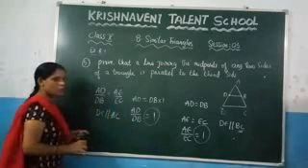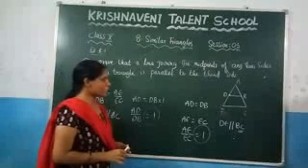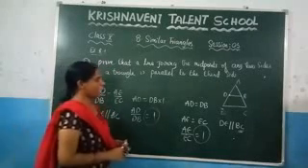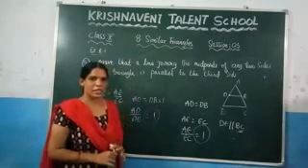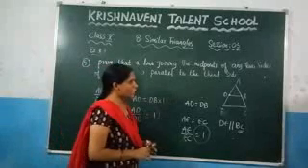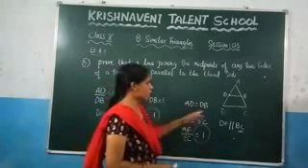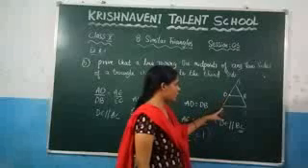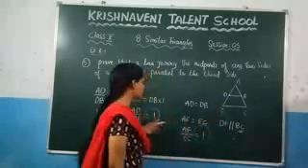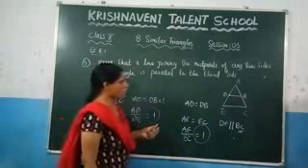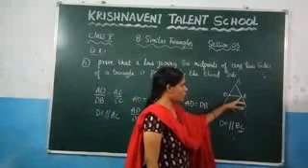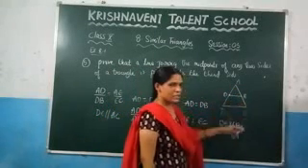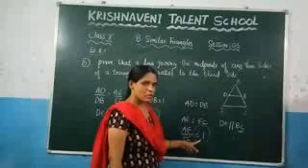This is the problem you need to prove. So what is the condition they have given here? A line joining the midpoints of any two sides of a triangle. I am taking those points as D and E. Since D is the midpoint, you can write AD is equal to DB, so that you will get AD by DB is equal to 1. Similarly, if E is the midpoint, you will get AE is equal to EC, so AE by EC is equal to 1.